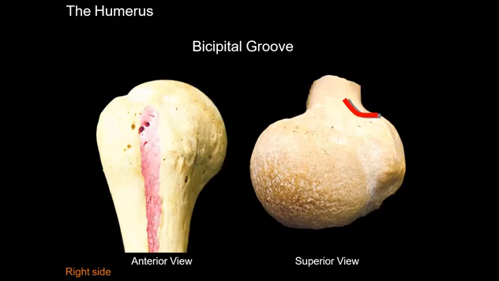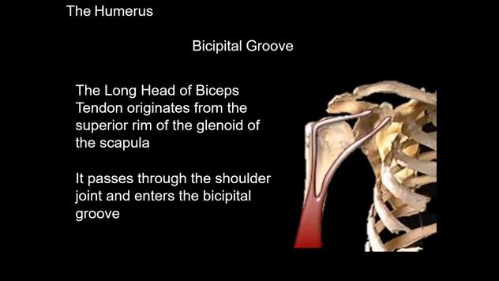Then we have the bicipital groove that comes in between the greater tuberosity and the lesser tuberosity. So, it lays itself out as a groove to divide it into almost two unequal parts. Then we have the long head of biceps inserting itself into that space. So you're going to see the long head of biceps tendon, which originates from, remember, the glenoid of the scapula.